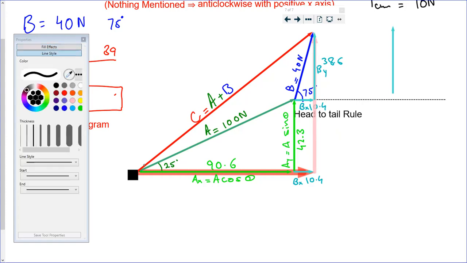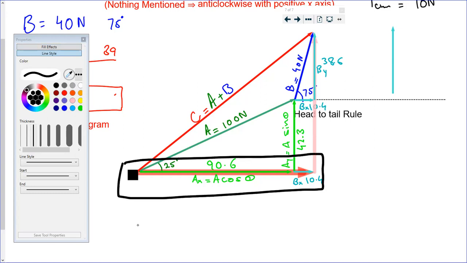Look, I'm asking about this bottom red one. 101 is right. Tanya, what's the length? Adding 90.6 and 10.4, what do you get? 101. So 101, that's right.